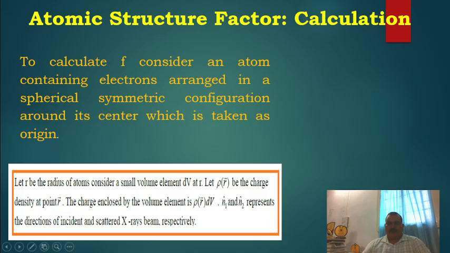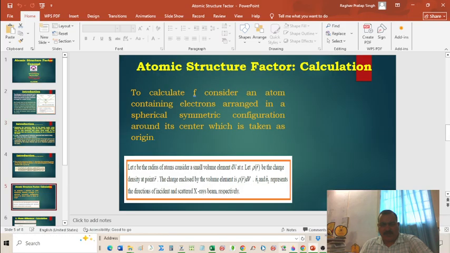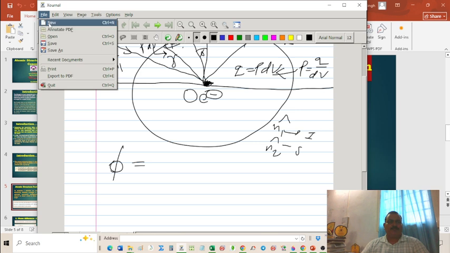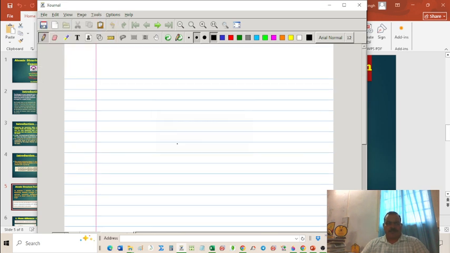So how can we get this expression? I have a file on my board, XP pen.